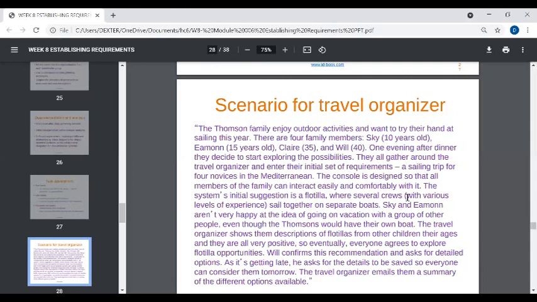The travel organizer showed them descriptions of flotillas from other children their age, and they are all very positive. So eventually, everyone agreed to explore flotilla opportunities. Will confirms this recommendation and asks for details of the options. As it is getting late, he asks for the details to be saved so everyone can consider them tomorrow. The travel organizer emails them a summary of the different options available.